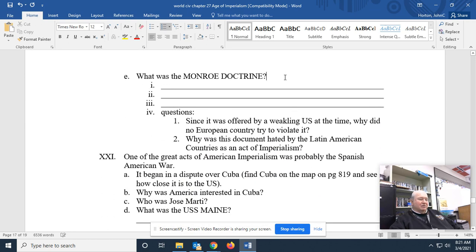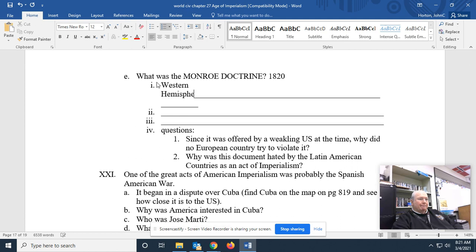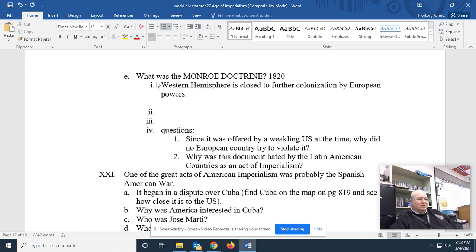The Monroe Doctrine was founded by James Monroe in the year 1820. And it said three things. Number one, that the Western Hemisphere is closed to further colonization by European powers.